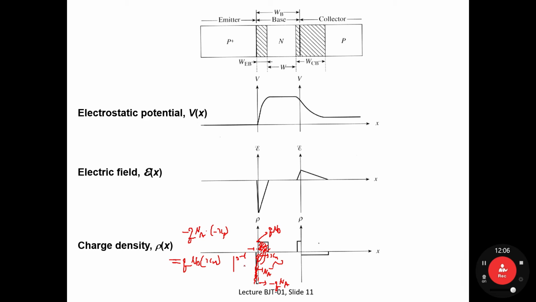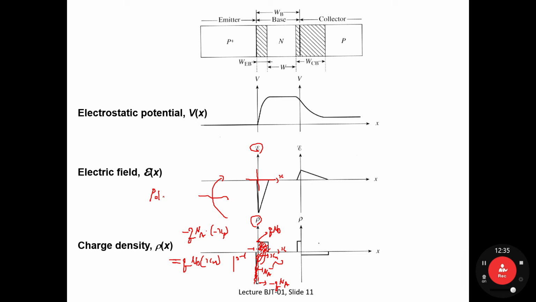We have already done this work using the charge neutrality equation. And from the curve of charge density versus x, we can simply draw and derive the electric field versus x direction, E versus x. How do we get it?